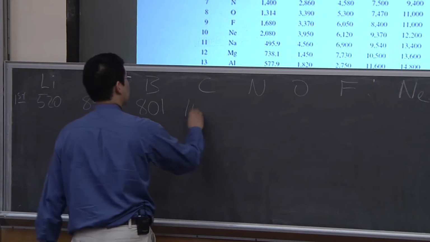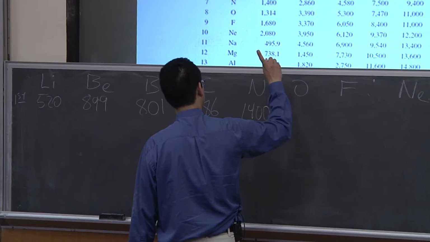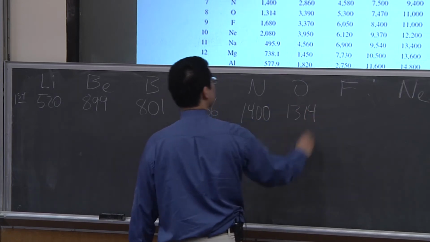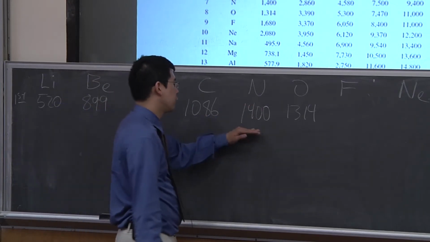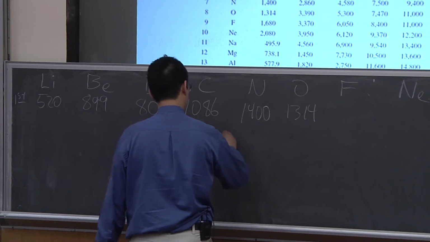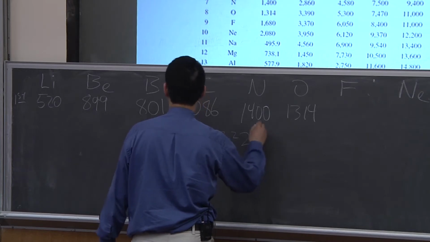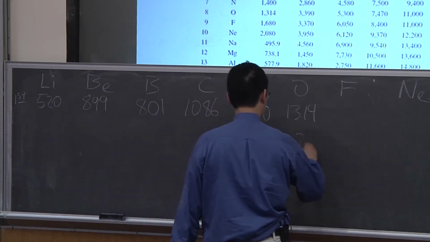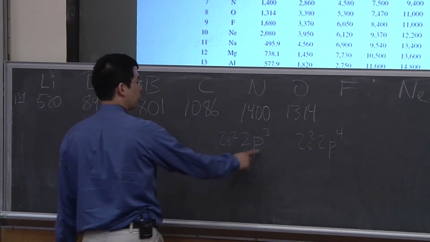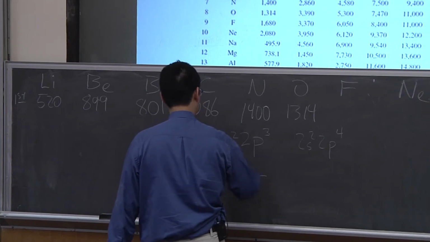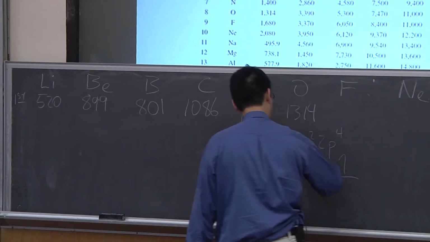Carbon, 1086, nitrogen, 1400. Oxygen, 1314. And so this is the second special point of stability. The nitrogen is 2s2 2p3. And the oxygen is 2s2 2p4. And so the p3, here you have a half-filled subshell. Here you have a half-filled subshell plus 1.